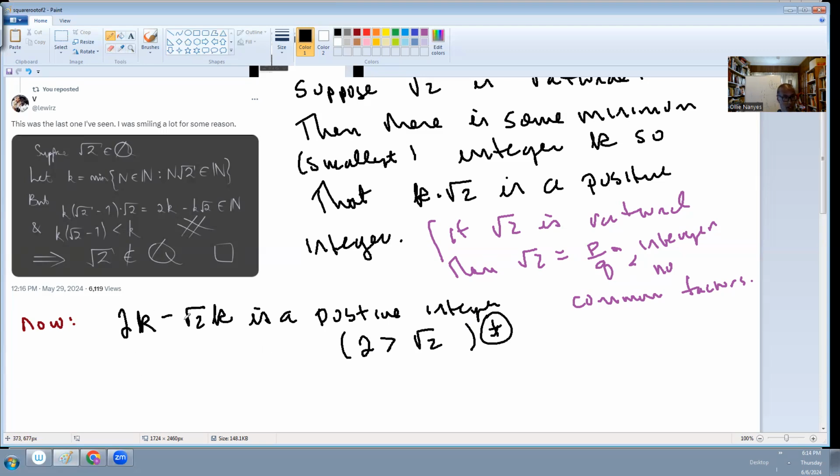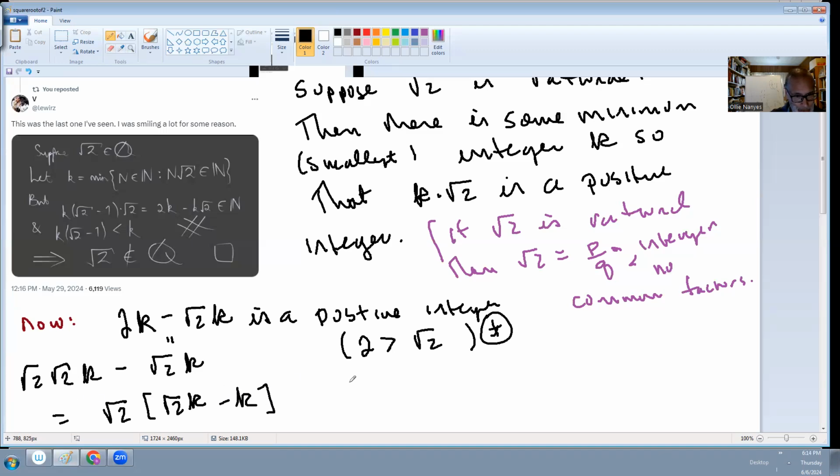Then what you can do is factor out the square root of 2. So this is the square root of 2 times the square root of 2 times k minus the square root of 2 times k. I shouldn't say plus, darn it, I meant minus. All I did was use the definition of what square root means, so these two are equal. Now, using a little bit of algebra, we can factor out the square root of 2, and we have the square root of 2 times the quantity square root of 2 times k minus k. These are equal, right?